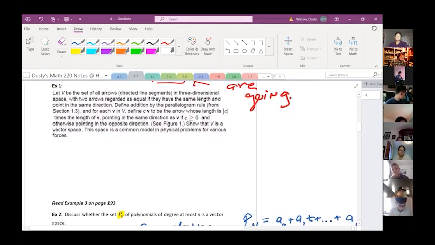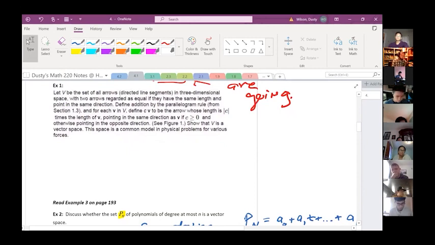So let V be the set of all vectors, those would be directed line segments in 3-dimensional space, with 2 arrows regarded as equal if they have the same length and point in the same direction. So if we have two guys like this, we would say both of those would be equal. Okay, sound familiar? These are like your old friends, the vectors.